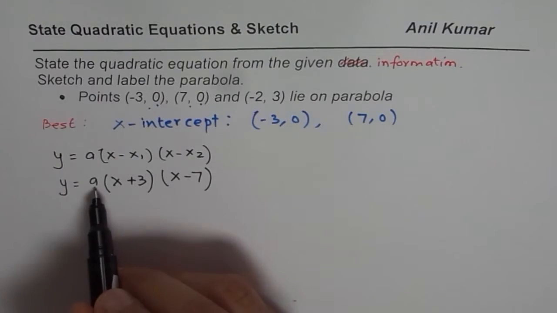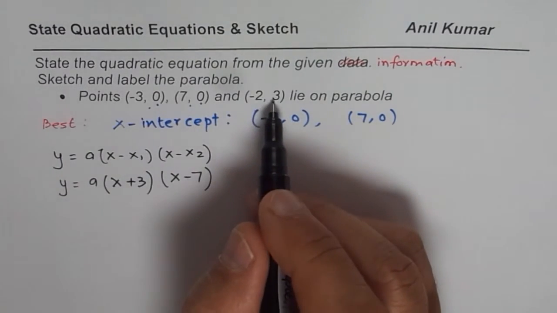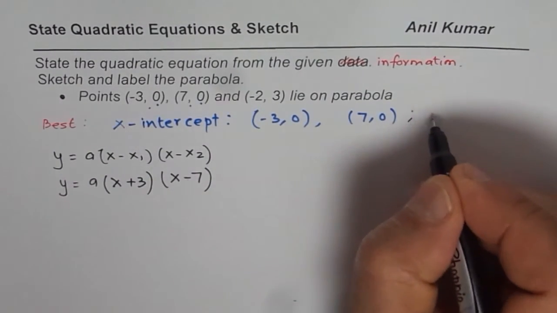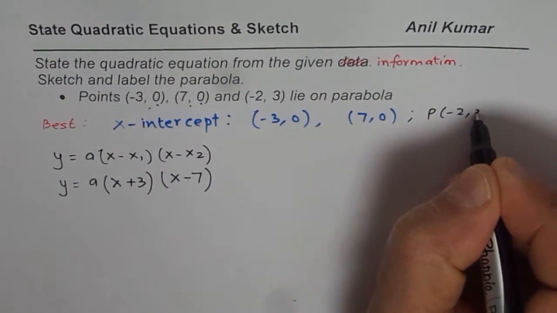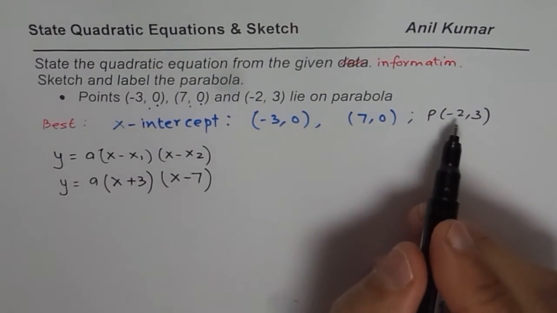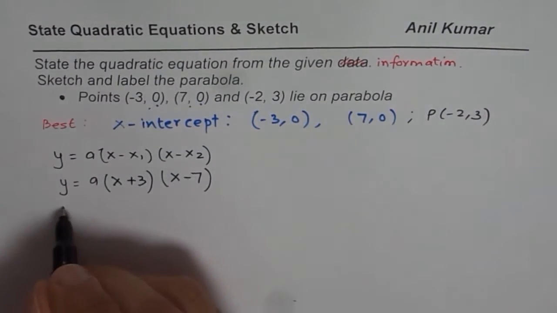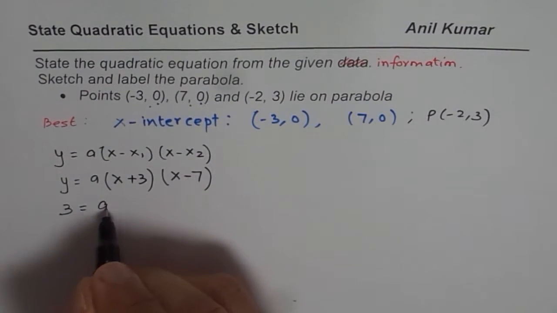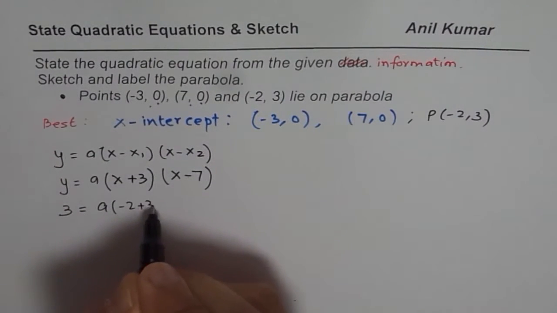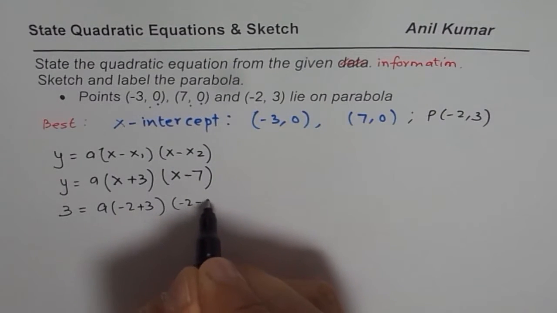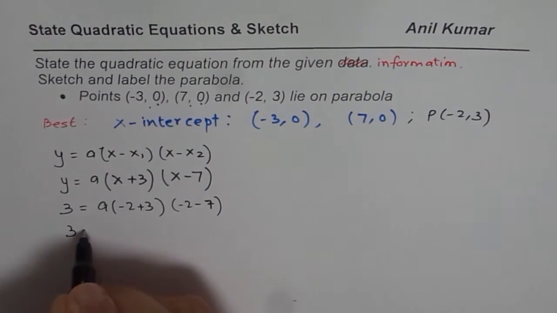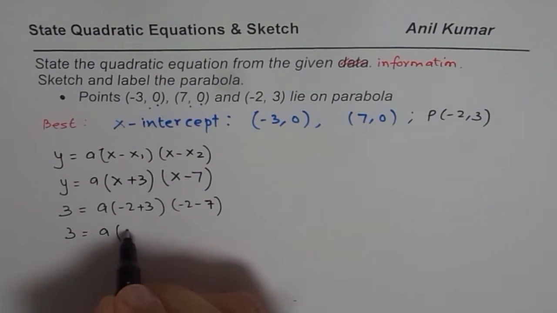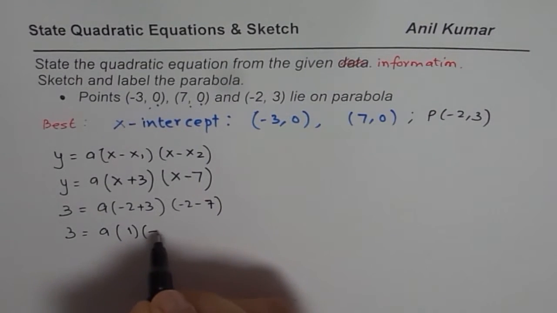Now to find a, we'll use the point (-2, 3). Minus 2 is the x value, 3 is the y value. So write 3 equals a times (minus 2 plus 3) times (minus 2 minus 7), which is 3 equals a times 1 times minus 9.